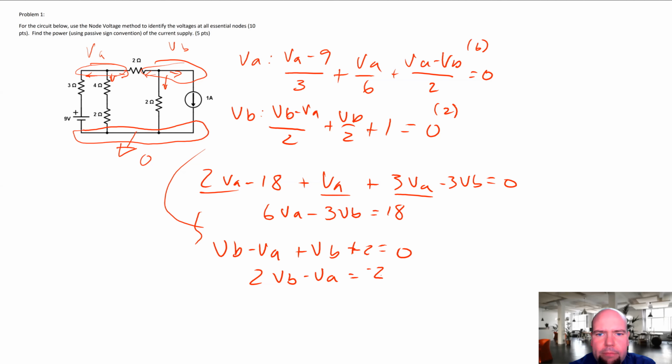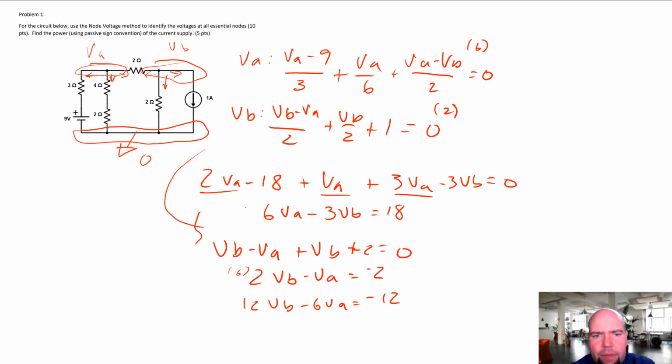And so we got this equation and this equation. We got to reduce them down to 1. I shouldn't have put a dash. It kind of makes it look like a negative. I'll probably just multiply this one by a 6 now and then add them together. So we got 12 VB minus 6 VA equals negative 12.